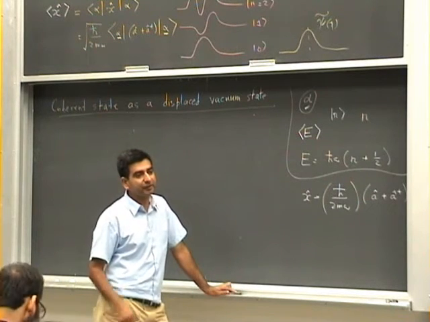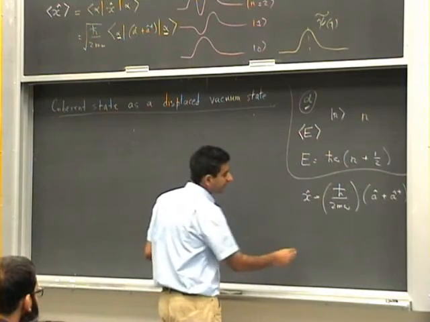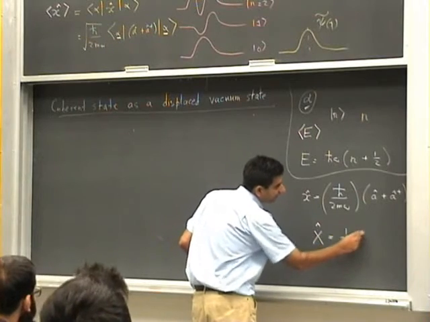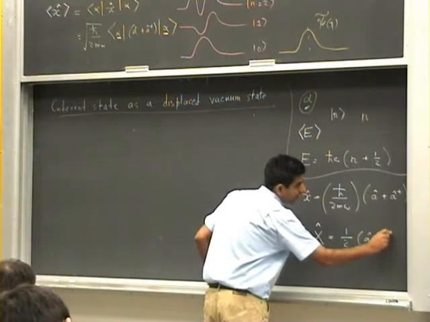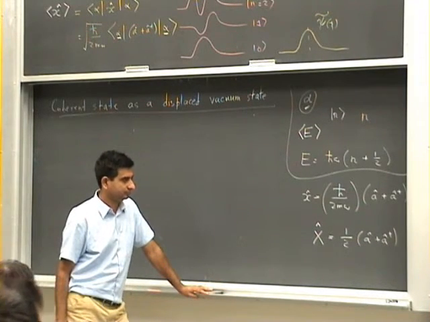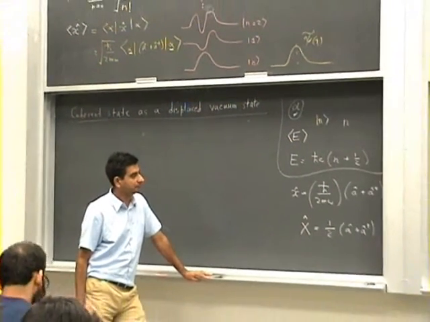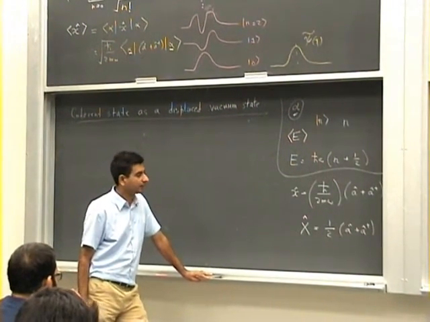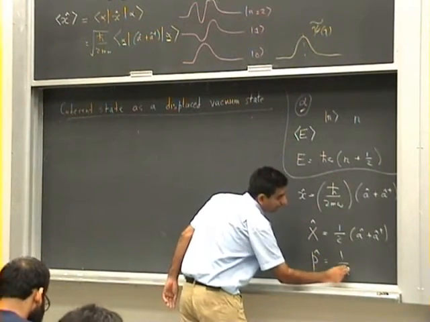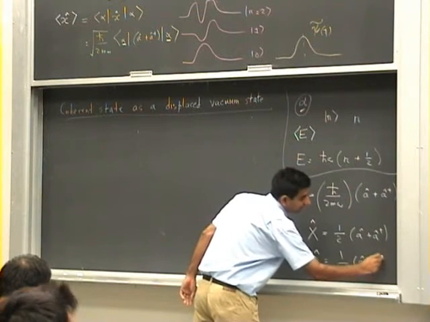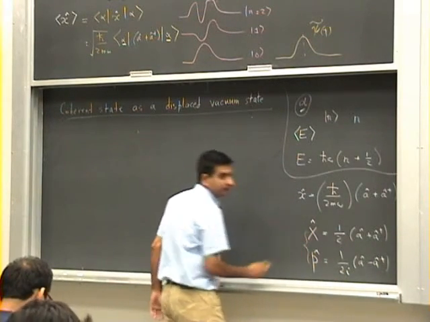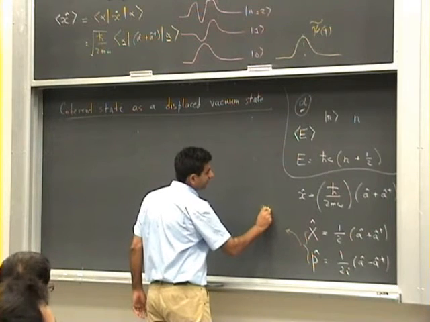If I would like to convert this into a dimensionless operator, I can label it with capital X, and I define it as half (a plus a dagger). Likewise, I can define a dimensionless momentum operator, P equals half i (a minus a dagger). Sometimes these observables are also called quadrature fields.